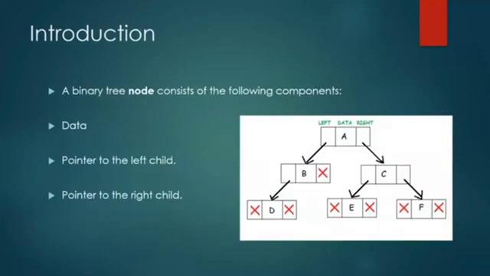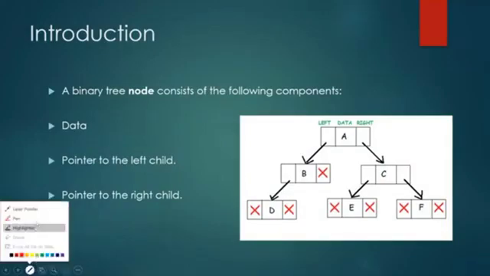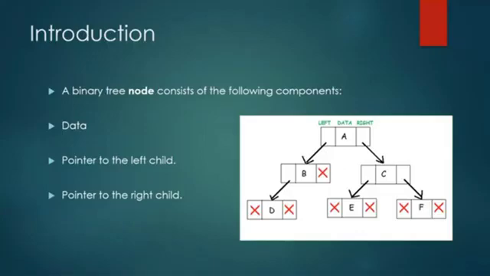A binary node consists of the following components: data, a pointer to the left child, and a pointer to the right child. Here we can see this node consists of data, a right child pointer, and a left child pointer. This left child pointer points to the address of the other child.